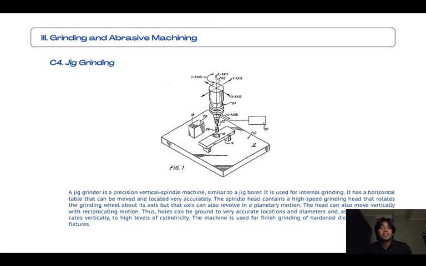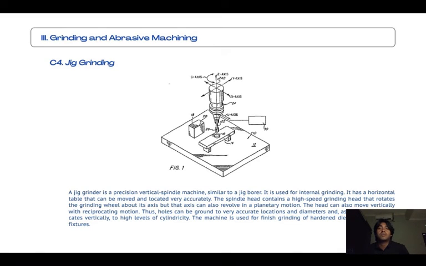Okay, the subtopic 7 from grinding and abrasive machining is disc grinding. It's a means for producing flat surfaces. The workpiece is held against the flat side face of a large rotating abrasive disc. The operation can be performed manually when dimensional requirements for the part are not severe.